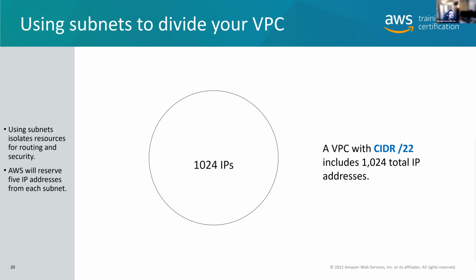Now, I want to just point something out here: note that normally that would be 255 addresses, but you're losing some addresses here, right? When you create a subnet, you lose the first 4 addresses and you lose the last address.